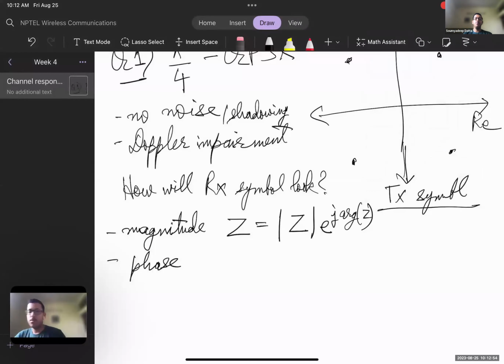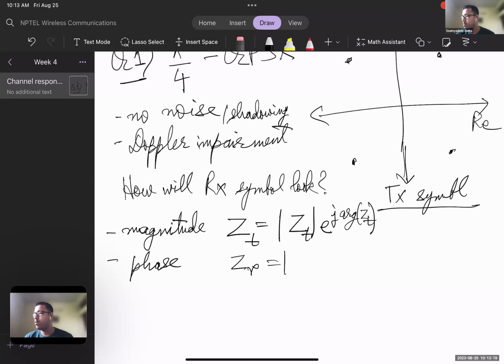It's just Doppler impairment. Let's say this is the transmitted symbol, which I denote as ZT. What I'm asking you about is ZR, the received signal.